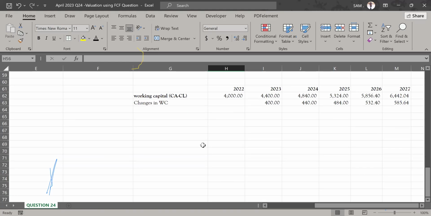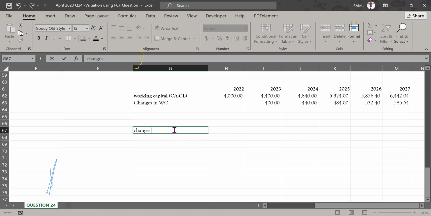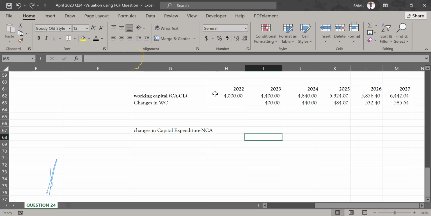Now, let us do the computation of changes in capital expenditure here also. We know that this one now affects our non-current assets. So let me just write there also non-current assets so that someone can see. This one is about non-current assets, and we want to narrow down and look at the non-current asset elements.